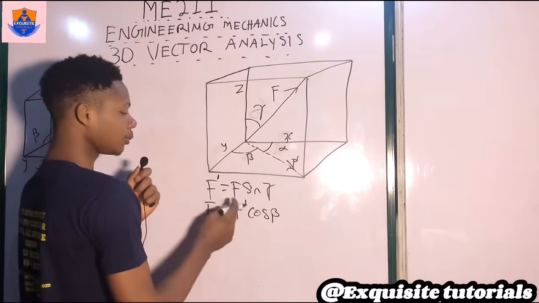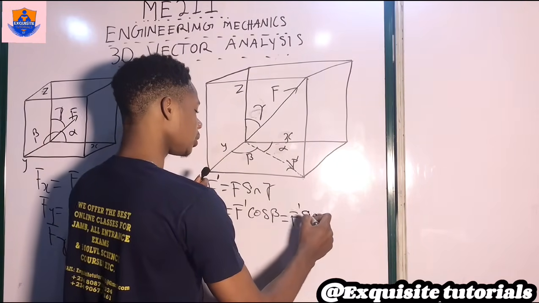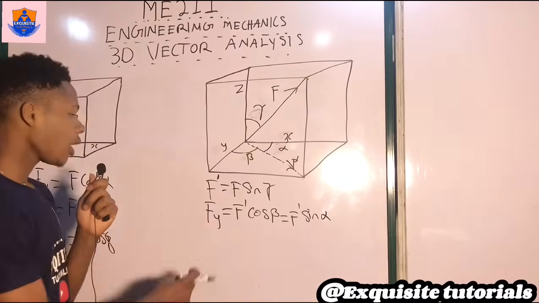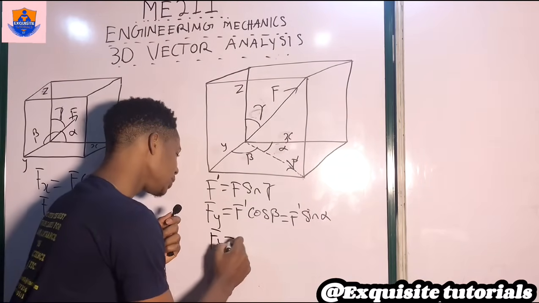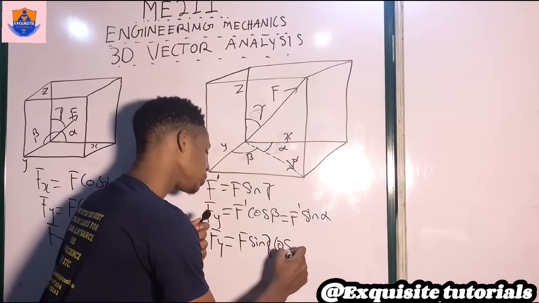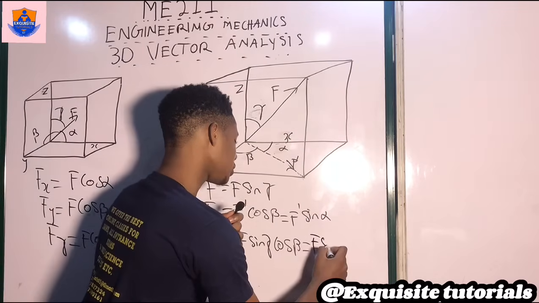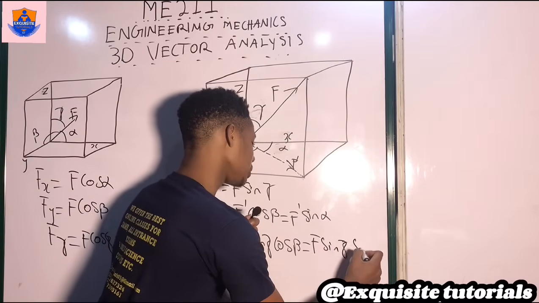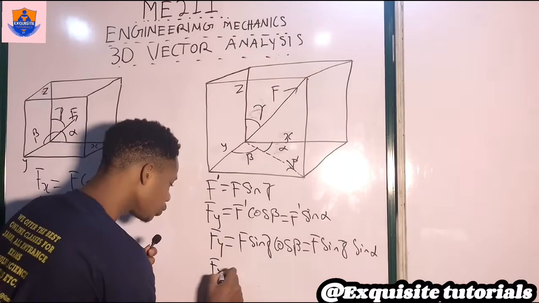Okay, or I could make use of F prime sine of alpha. Now, F prime is F sine of gamma, so I can rewrite this equation as F sine of gamma cosine of beta, or it could be written as F sine of gamma sine of alpha. Now, how about the x-axis? To get the one for the x-axis, we are going to do the same thing.